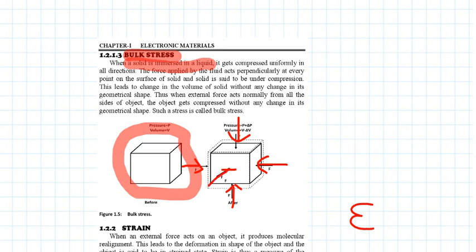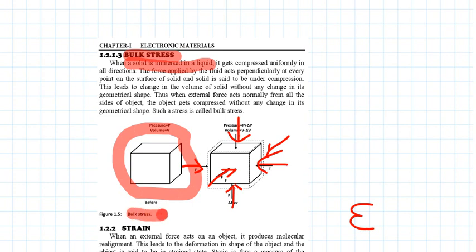Whenever equal and opposite forces are applied from all directions to the object, it will suffer a deformation from all sides. Whatever stress is generated in the object then is called bulk stress. So in this way, you have three different types of stresses.